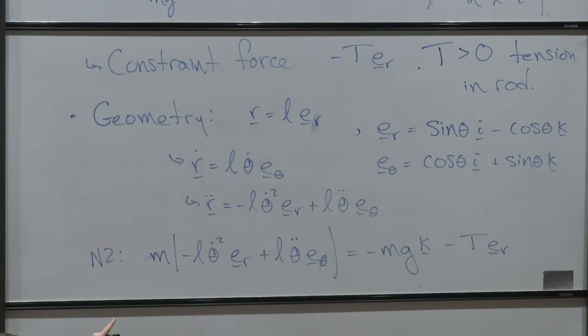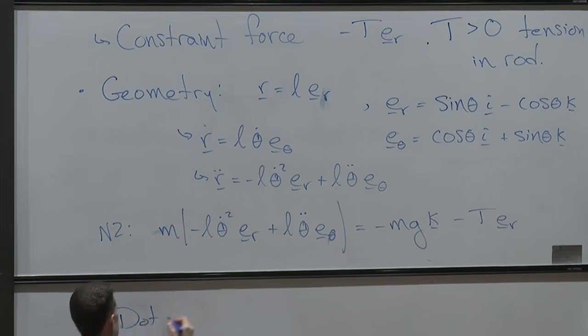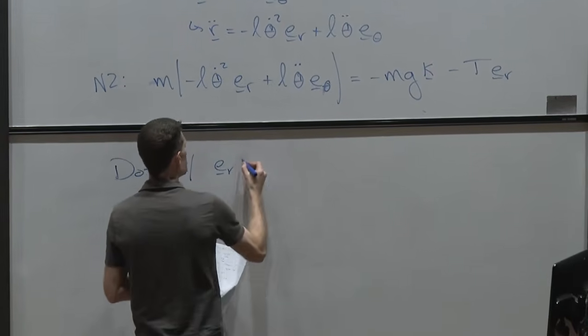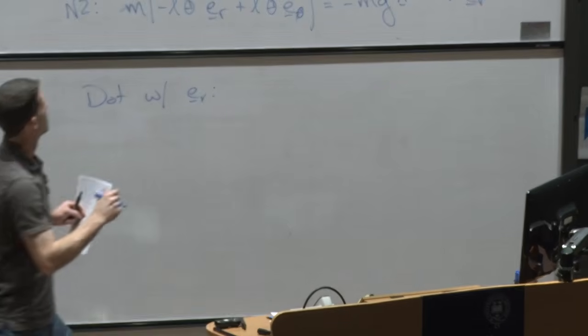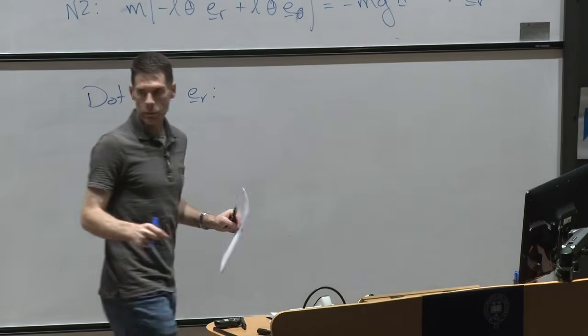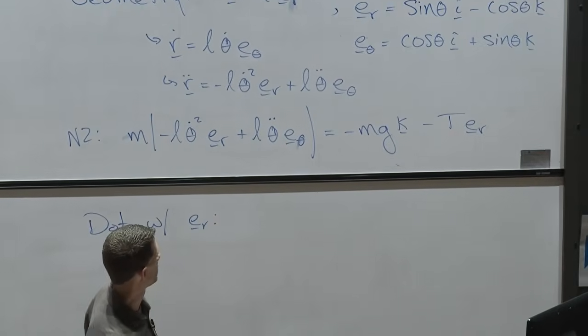And then a key point is that I don't know T. T is whatever the rod has to do in order to keep that particle at that fixed length radius. So if I take this equation and dot with ER, I need to work out what k dot ER is, and K dot ER gives me a cosine.